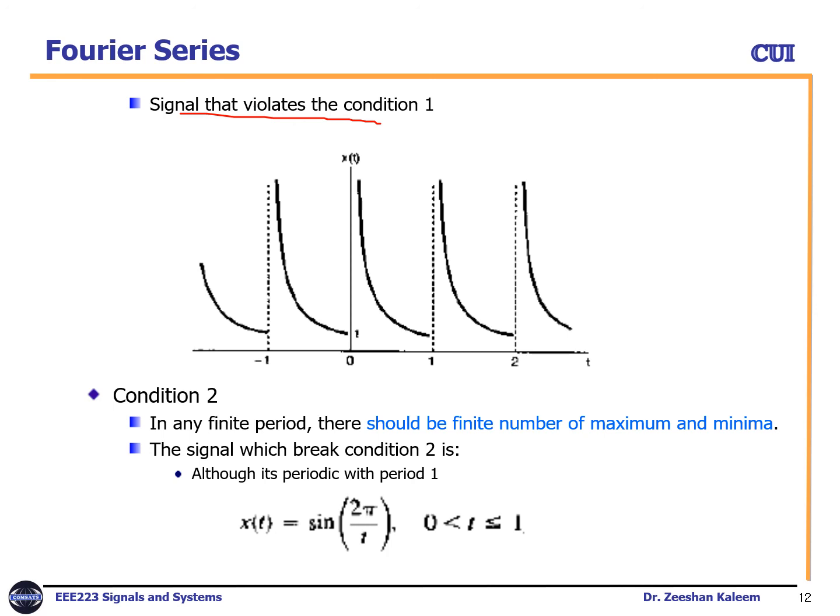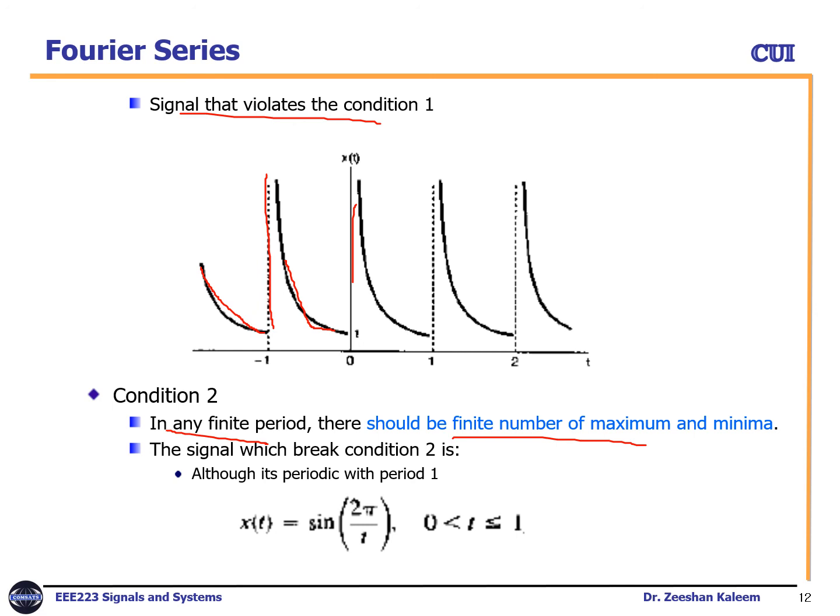For example, you can see that here it is fine, but when it comes to minus 1, it goes to infinity. And here it is fine, but when it comes here, it goes to some large values. Another condition is that in any finite period, there should be a finite number of maxima and minima.